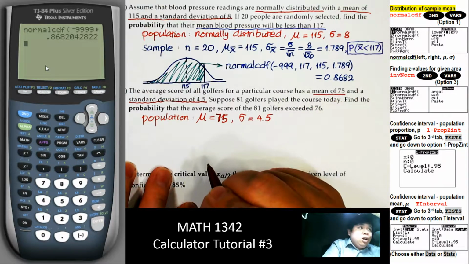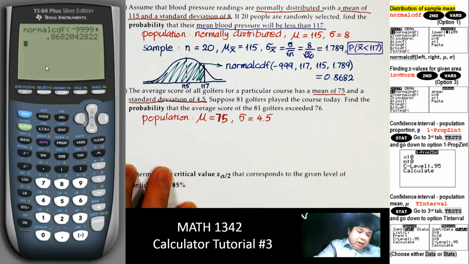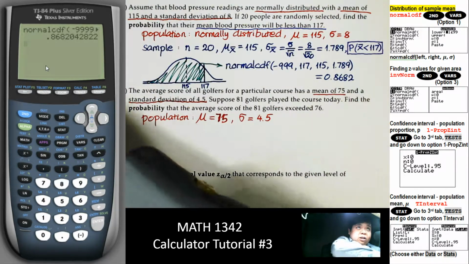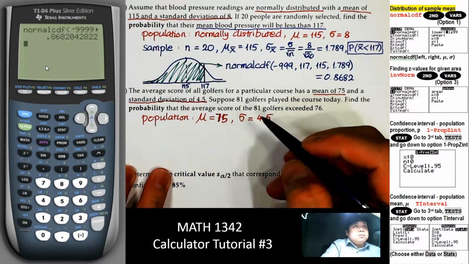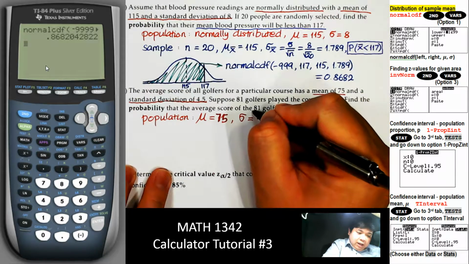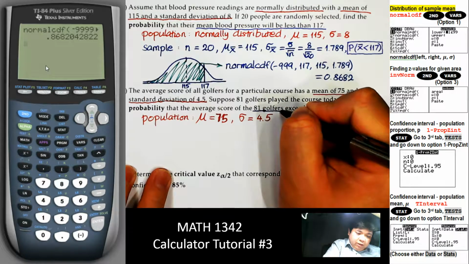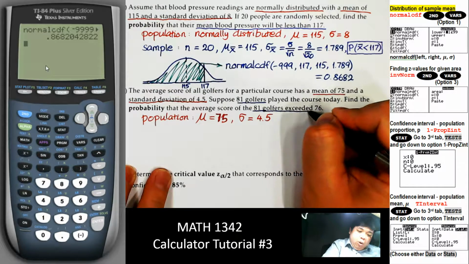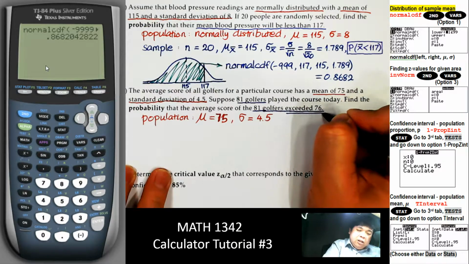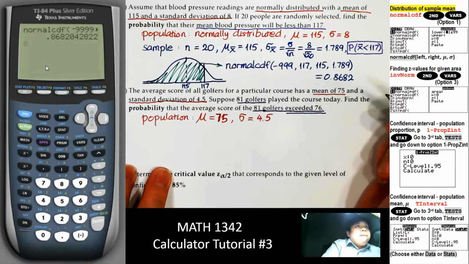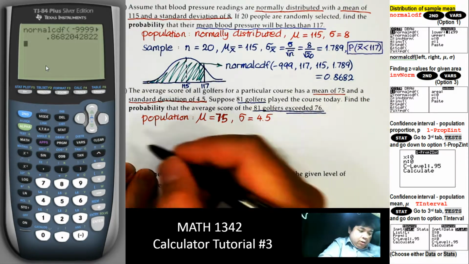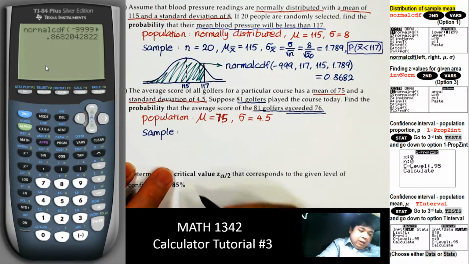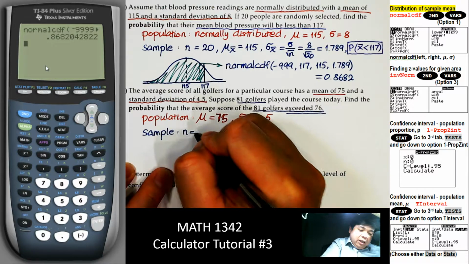That is the information of the population. For the sample, we have 81 golfers, and we want that to be more than 76. So for the sample, first we have 81 of them.